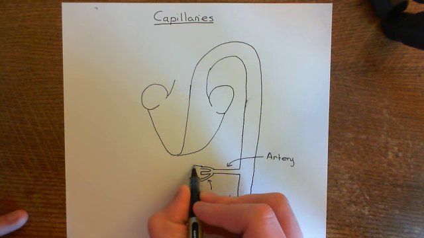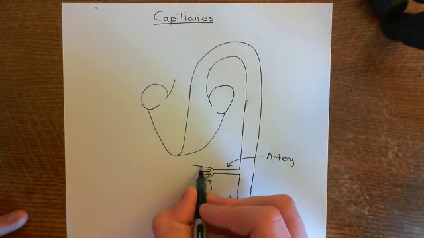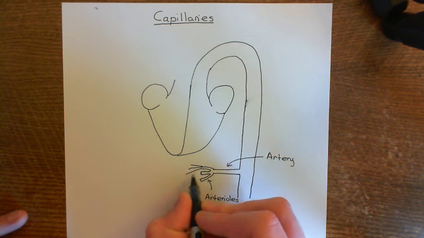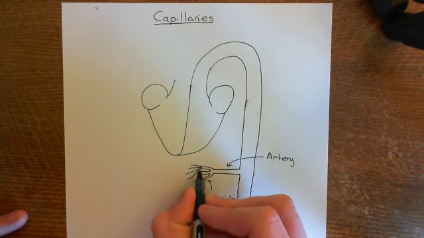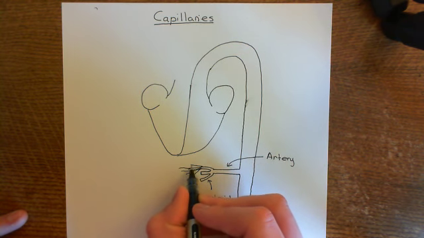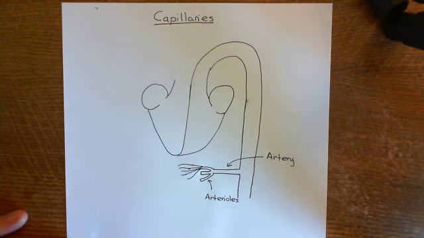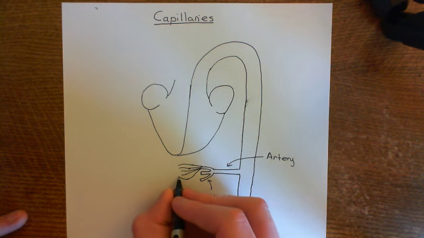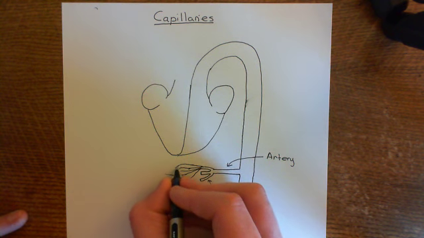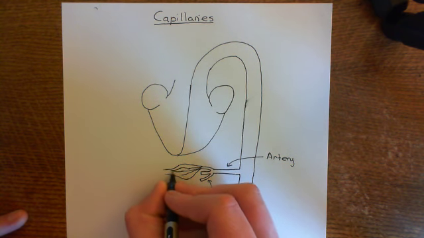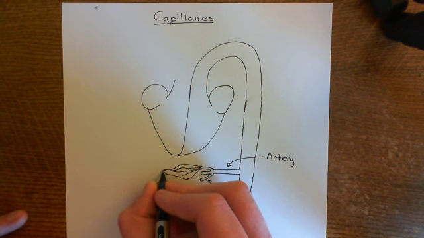This is going to branch off into loads of even tinier blood vessels, and I won't even give them a thickness, I'll just give them a line. These smaller blood vessels here, these smallest ones, are capillaries. Then the capillaries will all reassemble into a little blood vessel known as a venule here. So here they come, all assembling back up into this venule.